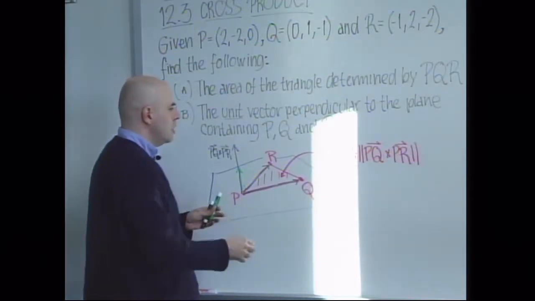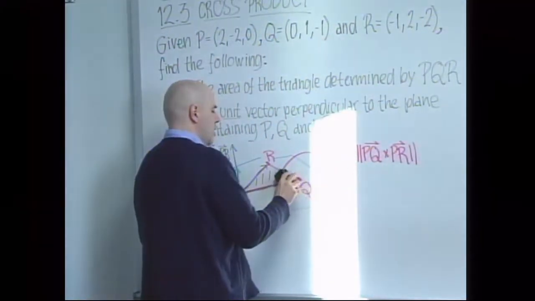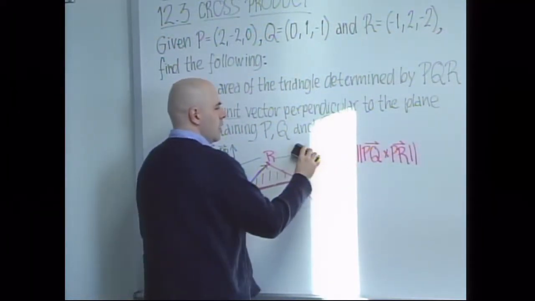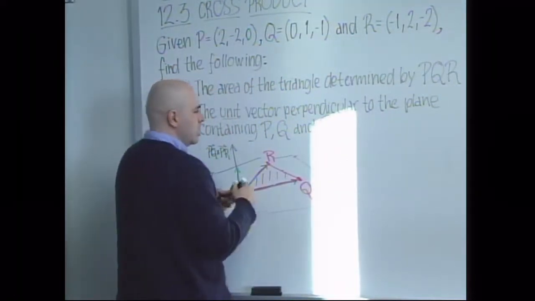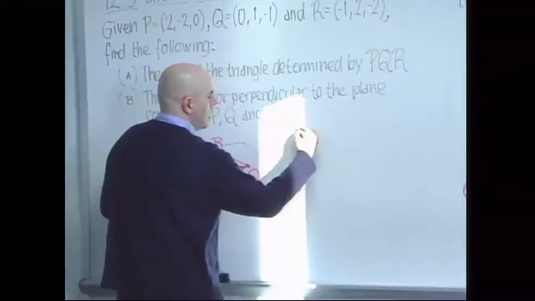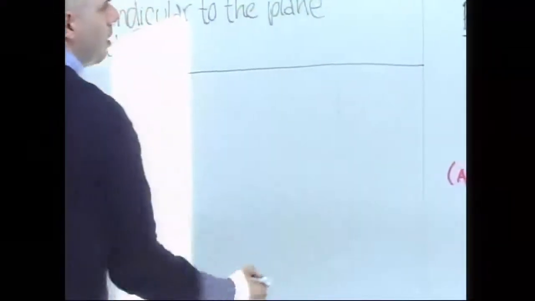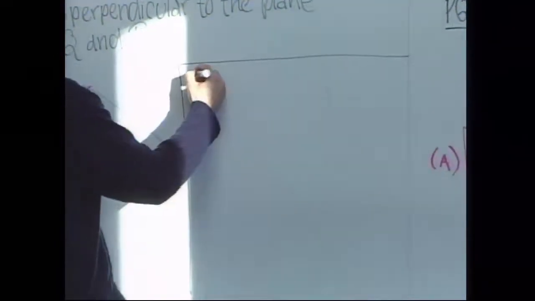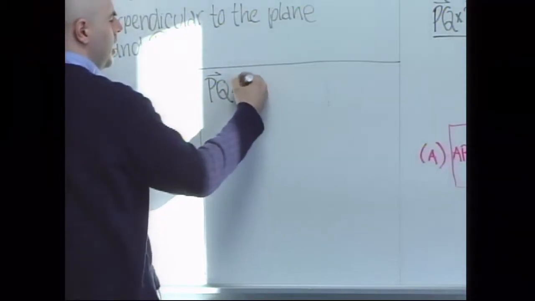So we're going to do that. Let me just erase this part over here, and you will see that we have all the ingredients already. I think that I have this little space where I can just finish the problem here. So we have PQ cross PR.